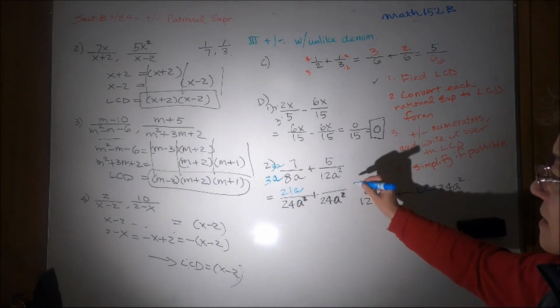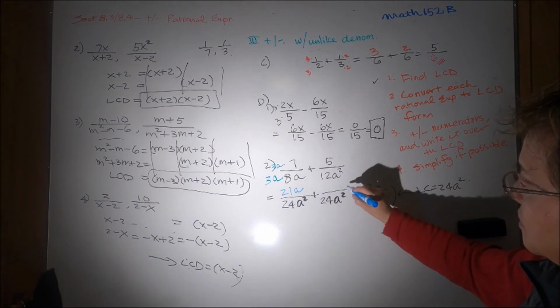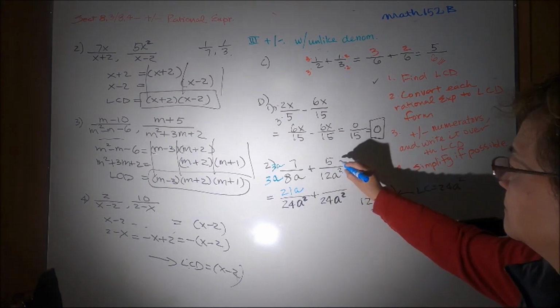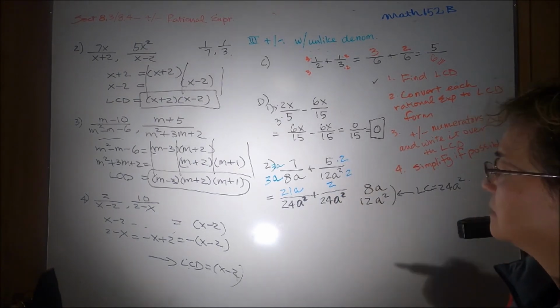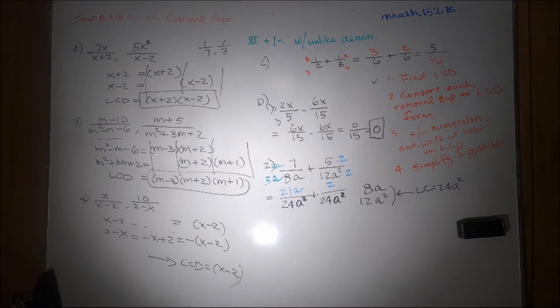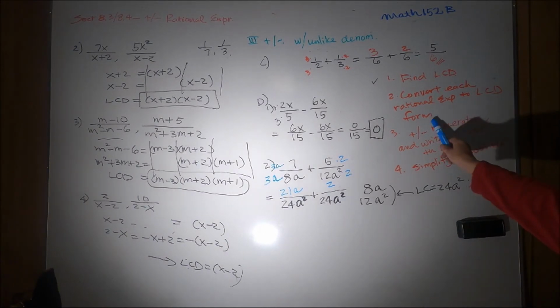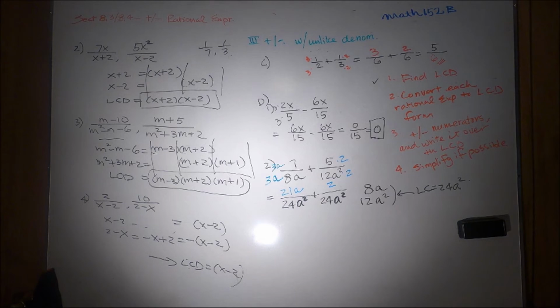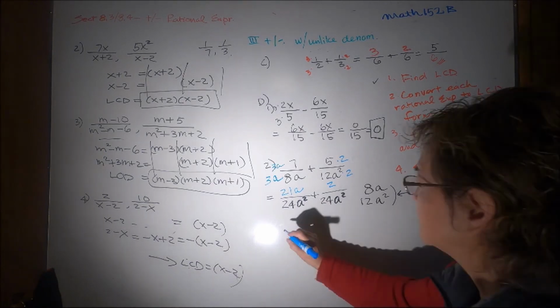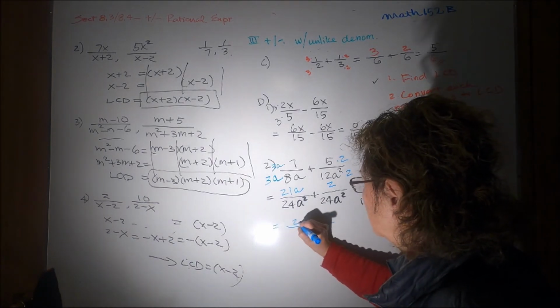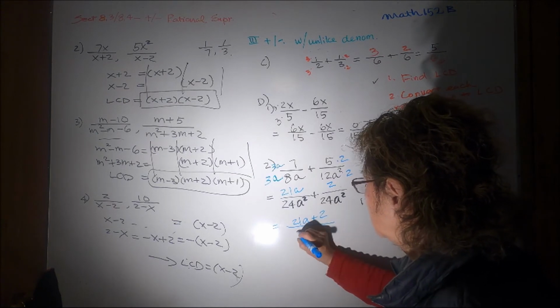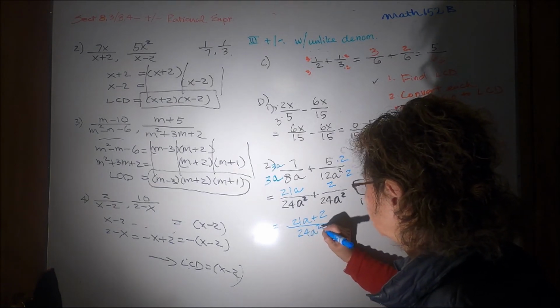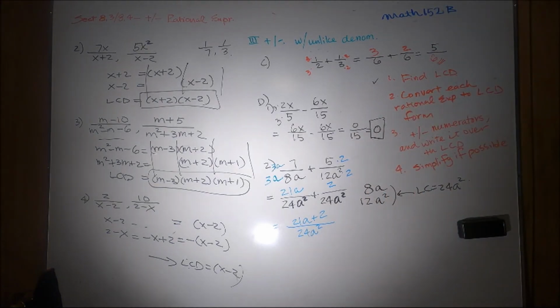Then for the second expression, you need to multiply it by what? 2. Right? So we have the same LCD form now, right? Then combine the top. So that will be 21a plus 2, over 24a squared, right?